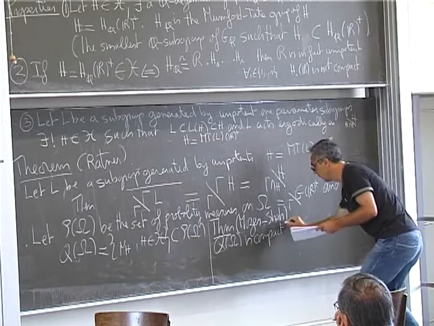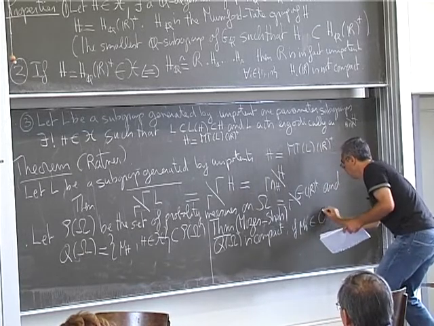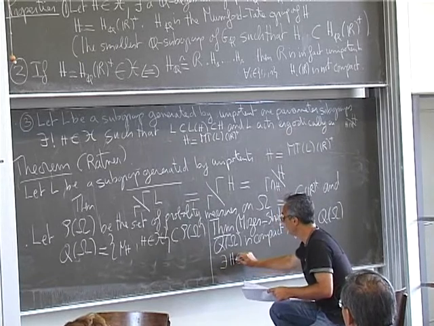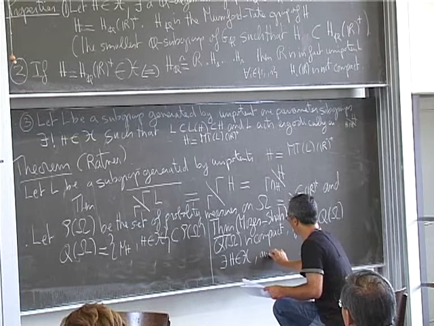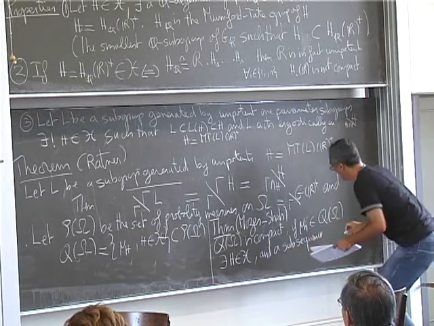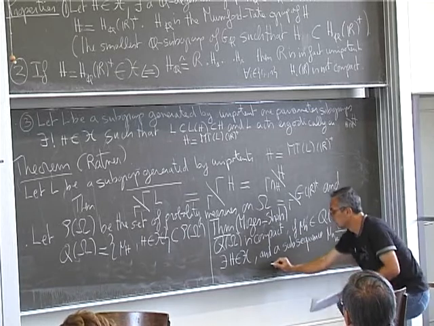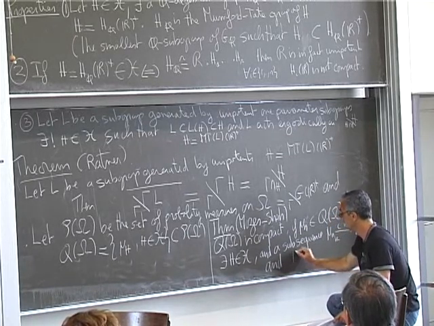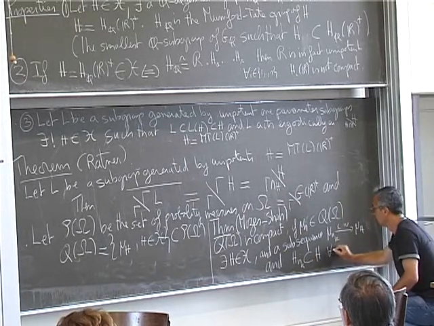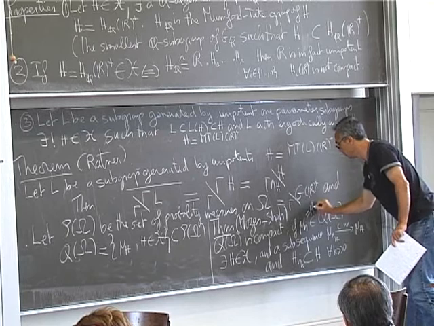And so what it means is that if mu_n is a sequence in Q of Omega, then up to a subsequence, there is this H in the class H, and a subsequence mu_{n_k} converging weakly to mu_H, and in this situation, H_n is inside H for k big enough, if mu_n is mu_{H_n}.